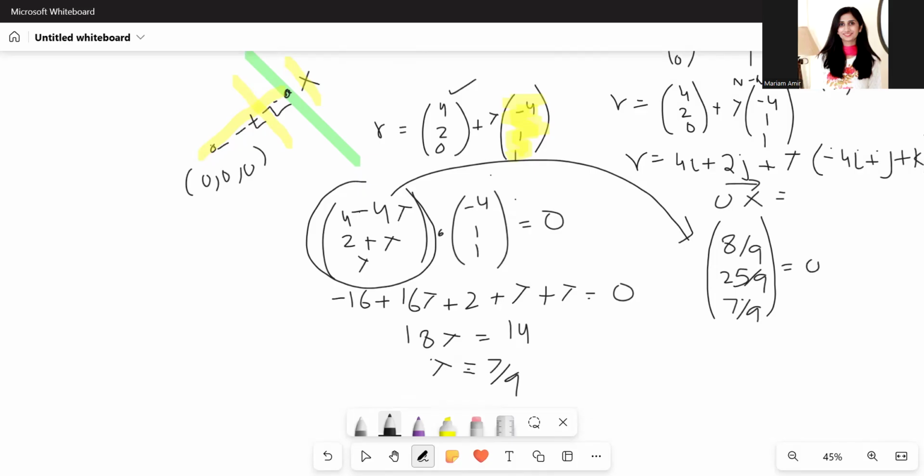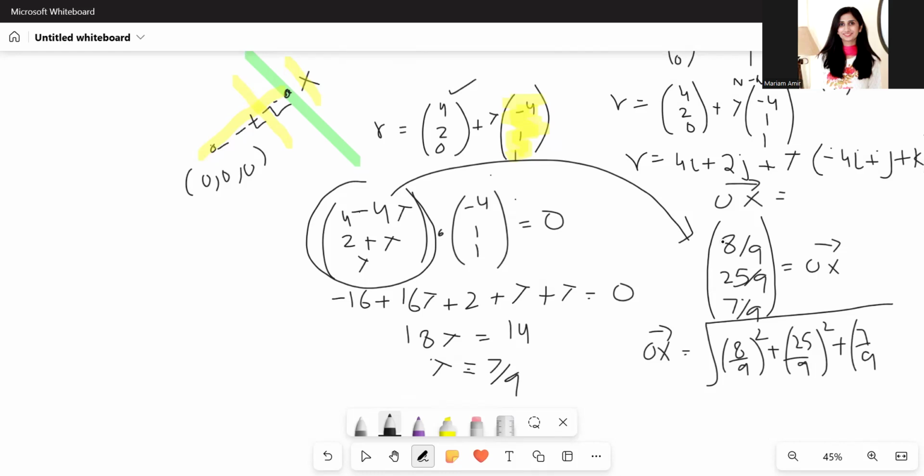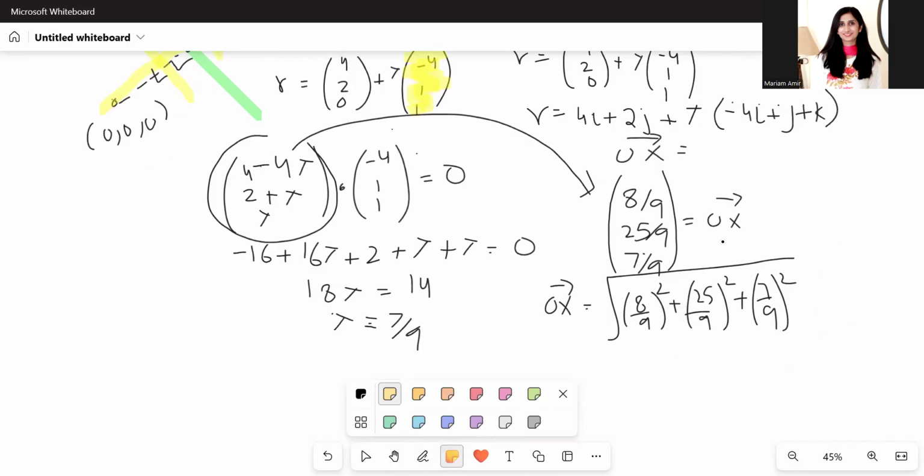This is OX, and we need its magnitude. So OX equals the square root of (8 by 9) squared plus (25 by 9) squared plus (7 by 9) squared.